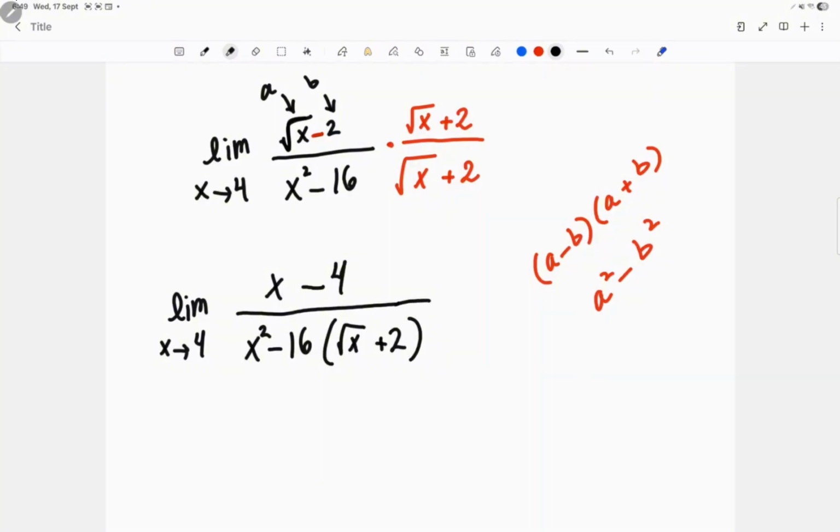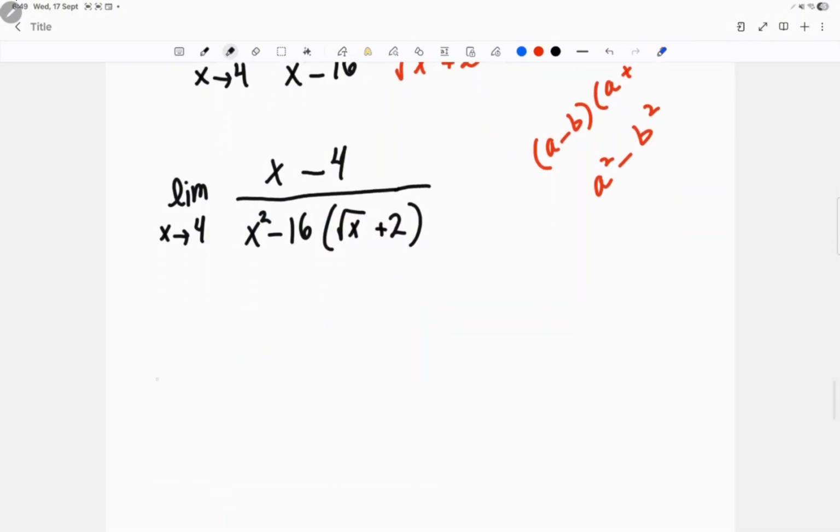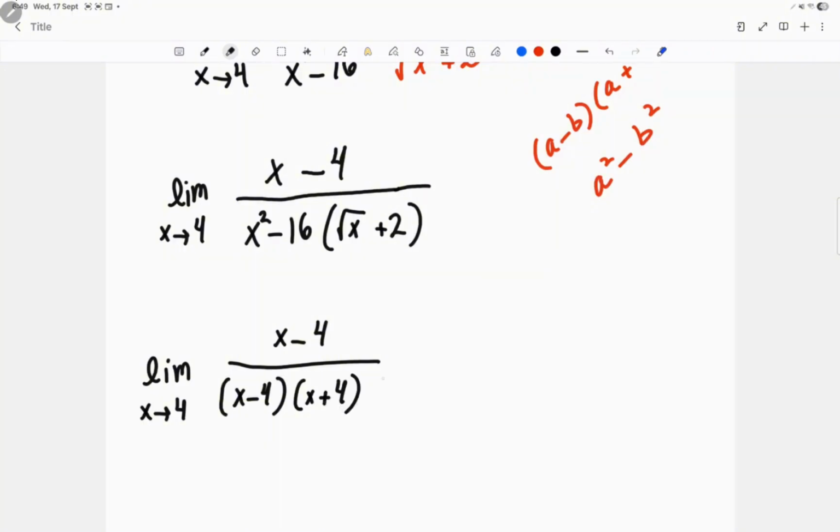Now, I want you guys to use your factoring skills to factor this one into two brackets. You should know what that means. Now cancel.